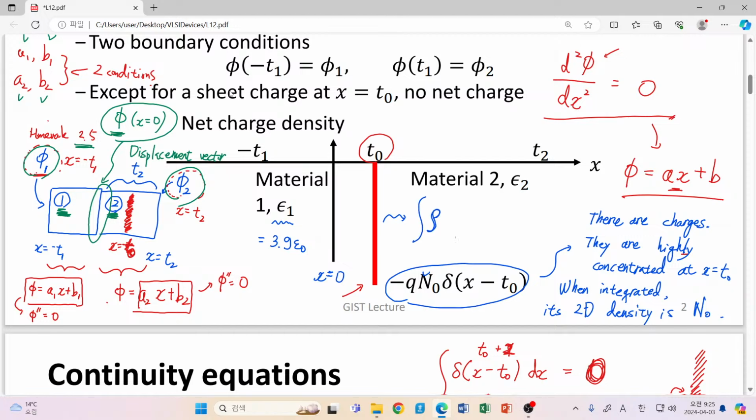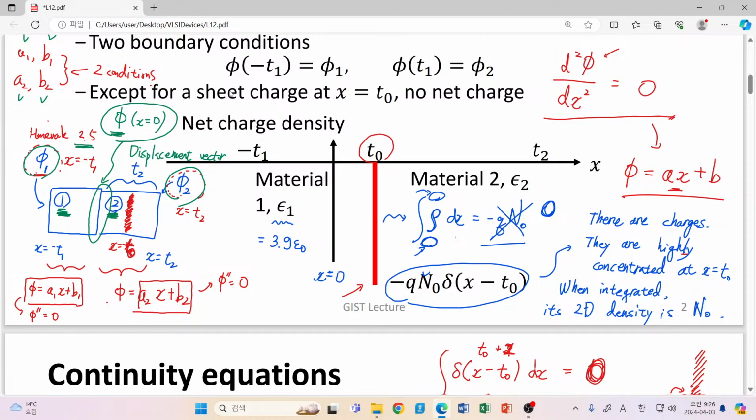When you integrate rho, if your integration area contains x equal to t sub naught, it will simply give you minus q times n sub naught. If your integration does not include the point x equal to t sub naught, then it will give you just the number 0. This is quite obvious.